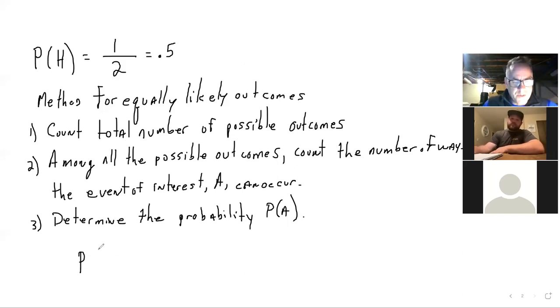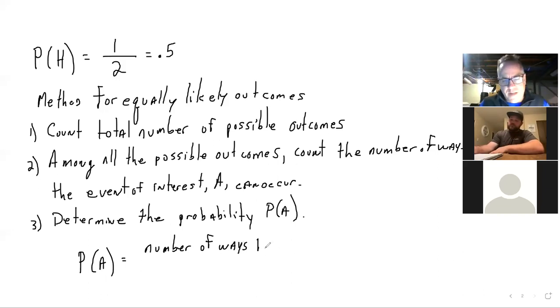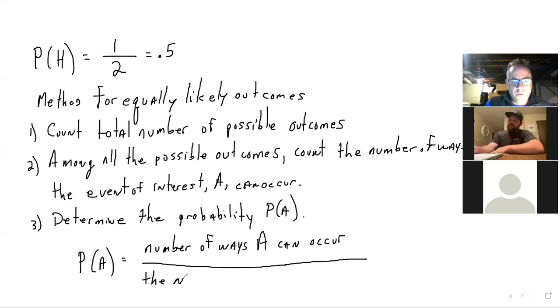The probability that A occurs is, as a fraction, the number of ways that event can occur divided by the total number of outcomes.